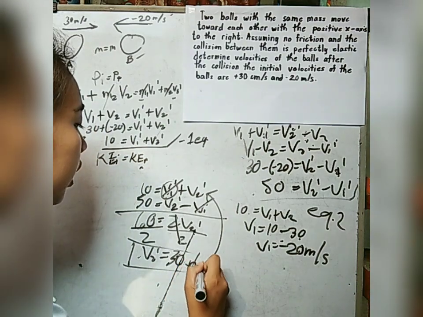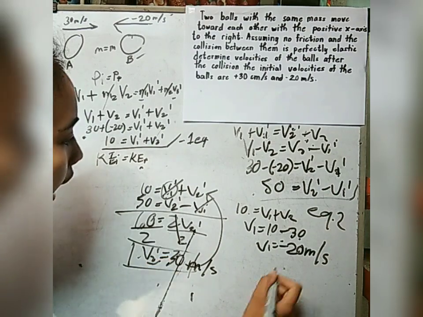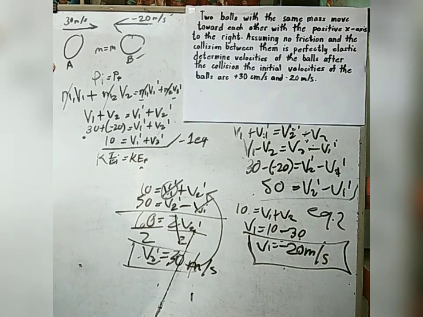And this is 30 meters per second. This is now the velocity of ball 2, and this is the velocity of ball A.